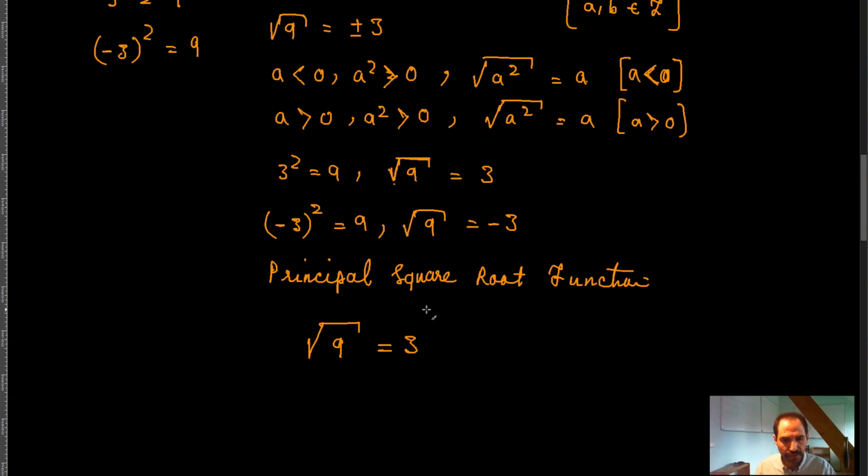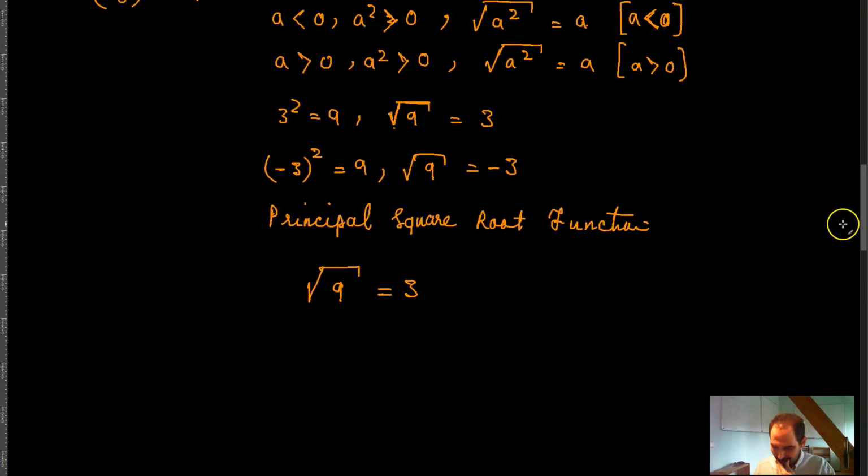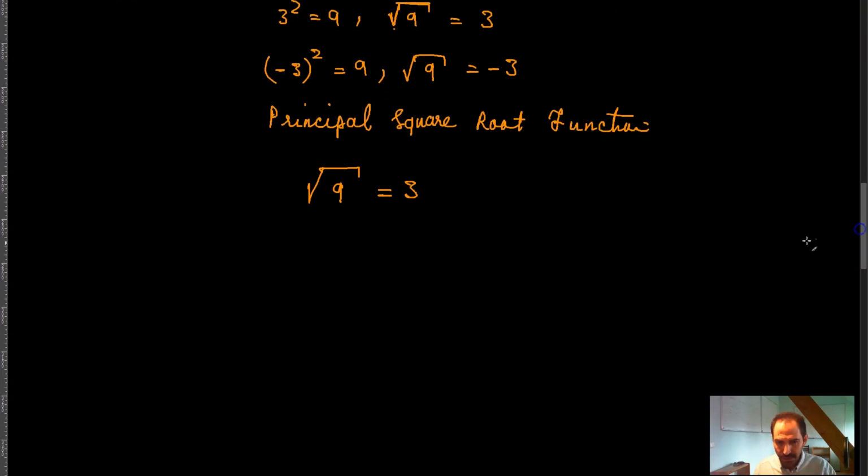There is no negative 3 for the principal square root function, meaning that for the square root function, your graph is going to be something like this. For example, the square root of 4 is going to be 2.